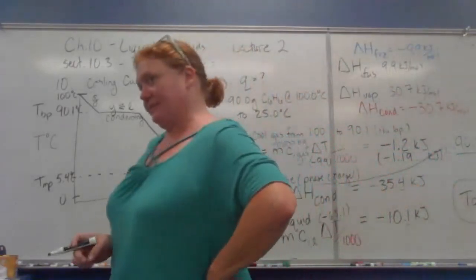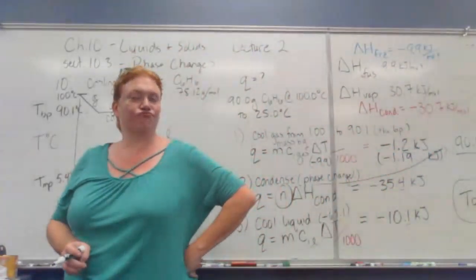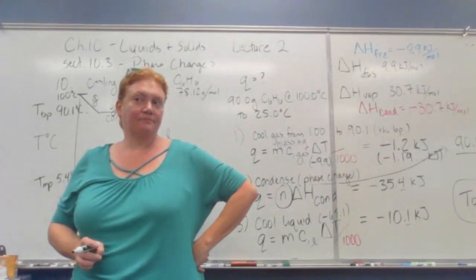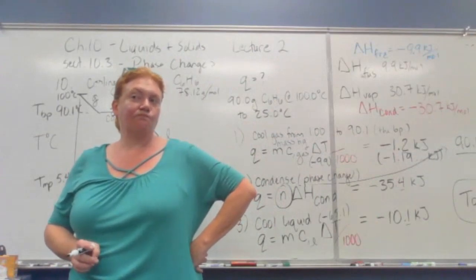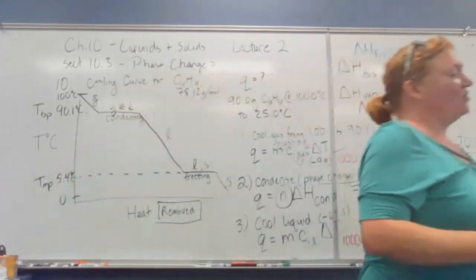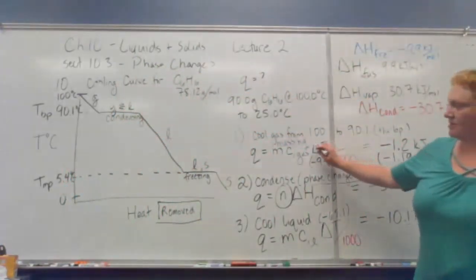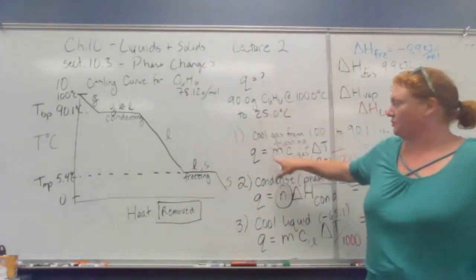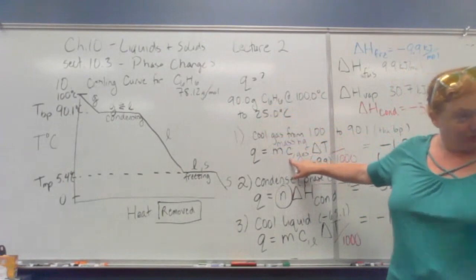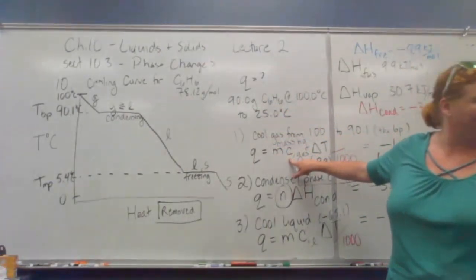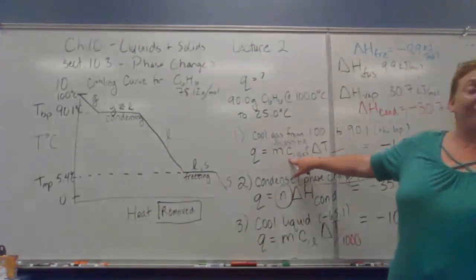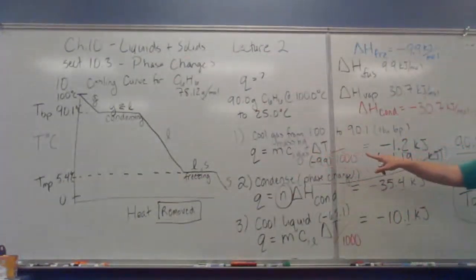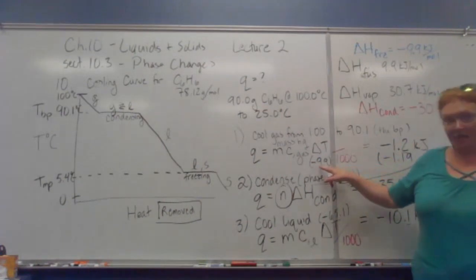So in this multiplication, you have a number that has 3 sig figs, 90.0, times a number that also has 3 sig figs, 1.33, times a delta T that is negative 9.9.